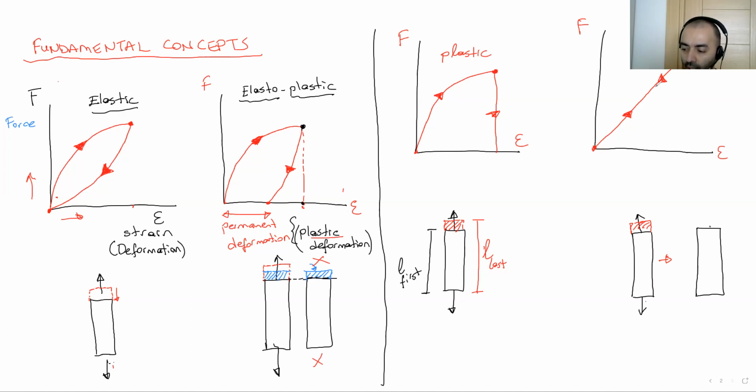On a line, we call this type of behavior linear elastic. Or in the next step, we are going to see that this is a Hooke member.